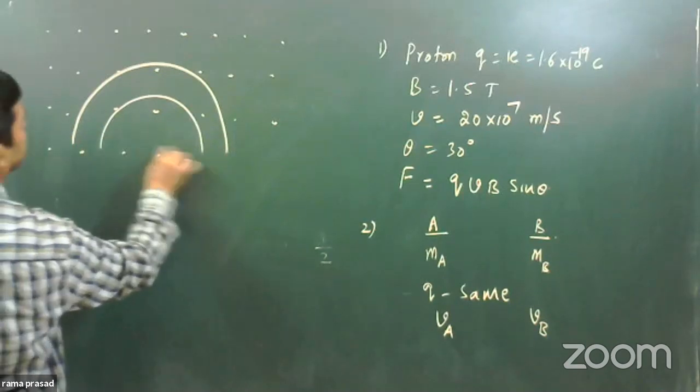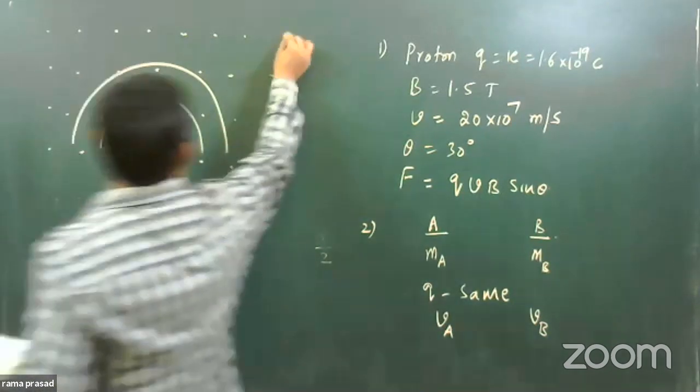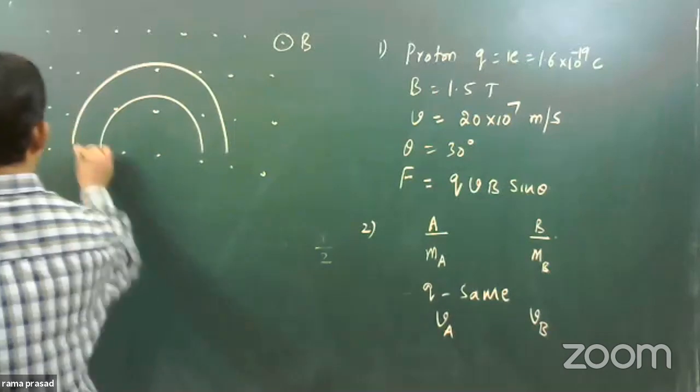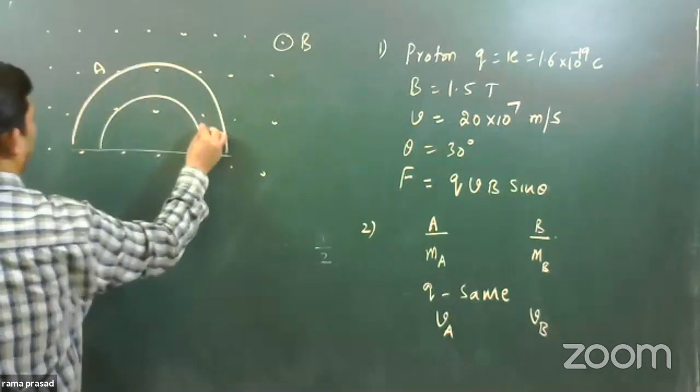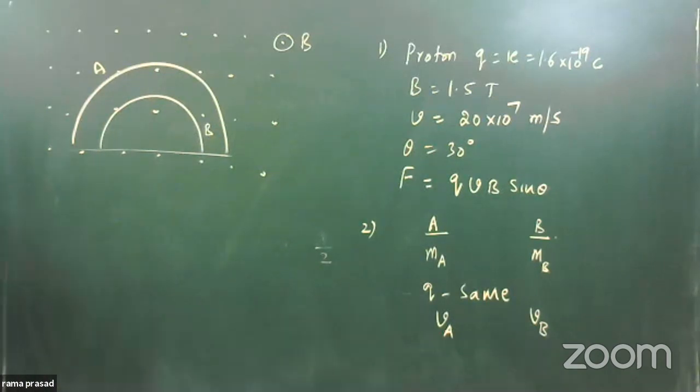Dot means the field is acting outward. The trajectories of those two particles A and B are given like that.